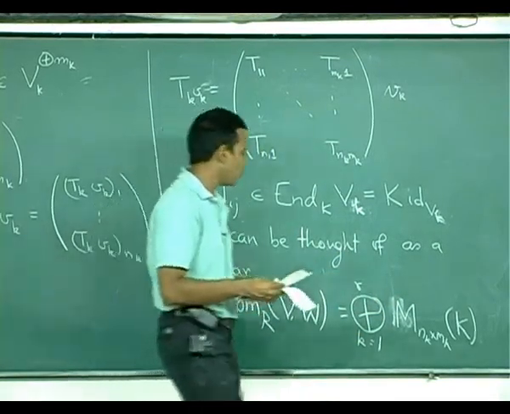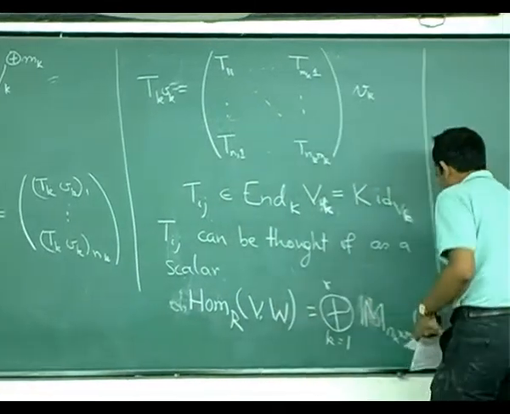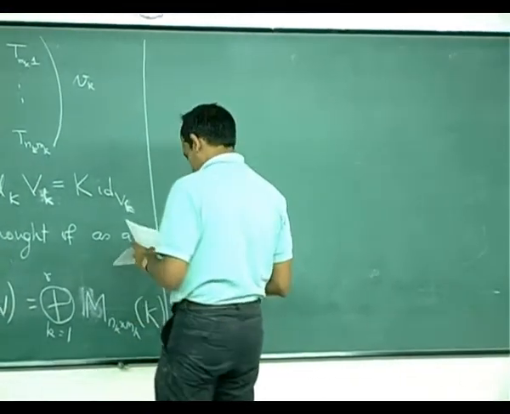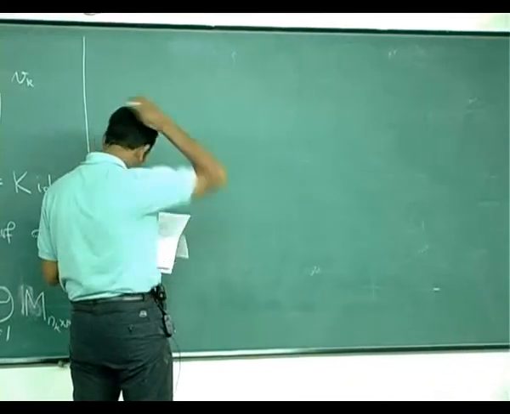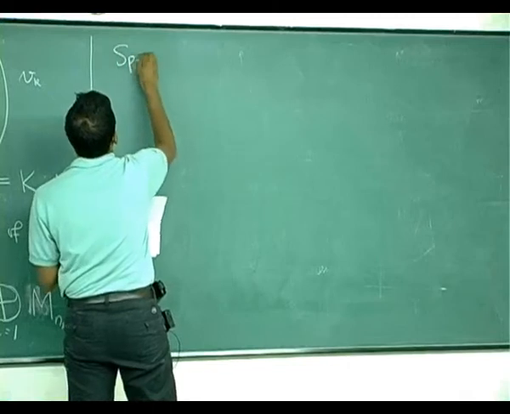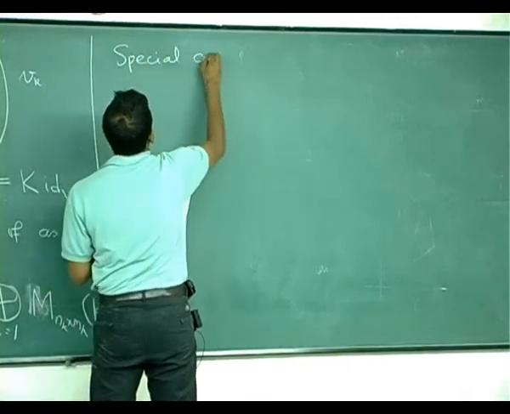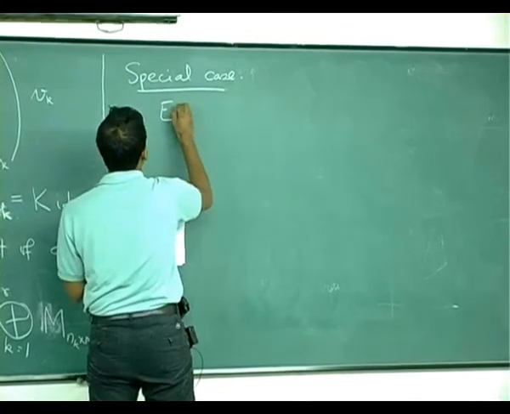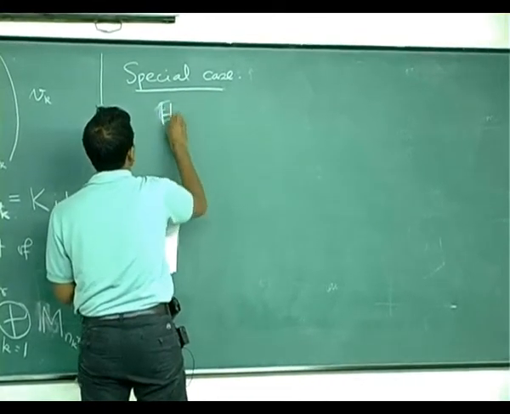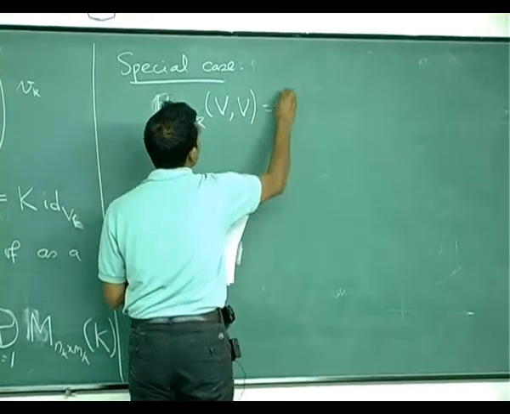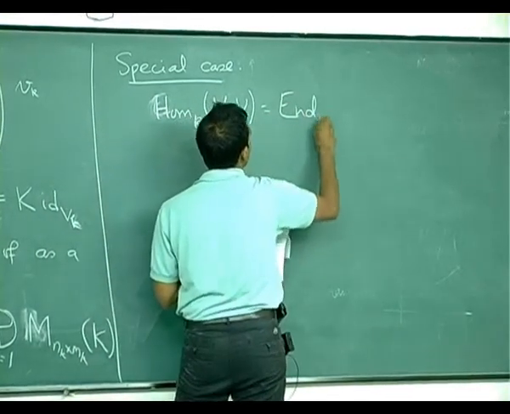So if you just have one simple repeated a certain number of times, then, so let me just say this. Look at the special case. Suppose V is equal to W, then what we have is Hom_R(V, V), which I'll usually denote as End_R(V).